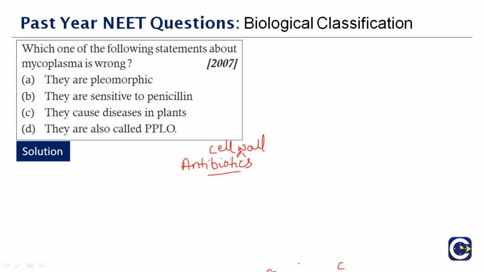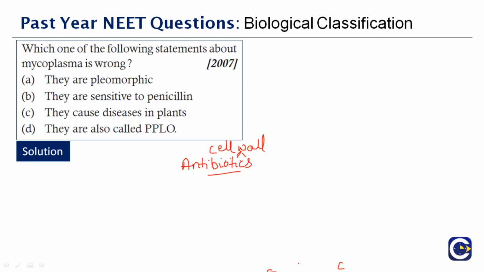Only when they are able to penetrate into the organism can we kill it. That is why antibiotics are designed in a way that they will destroy the cell wall and enter into the organism. Since mycoplasma doesn't have a cell wall, entry becomes more difficult, and therefore this makes them a resistant feature among mycoplasma. So what do you think the answer will be here?